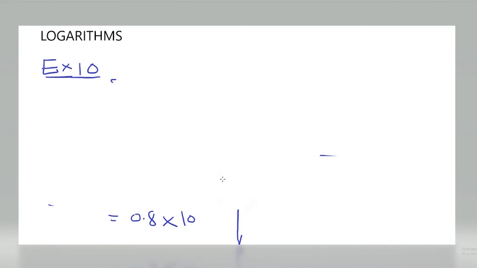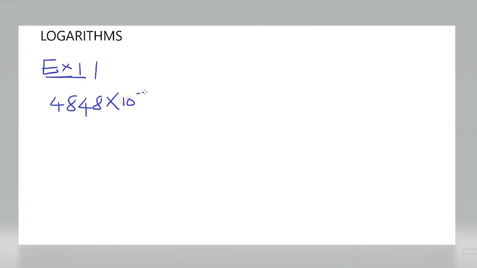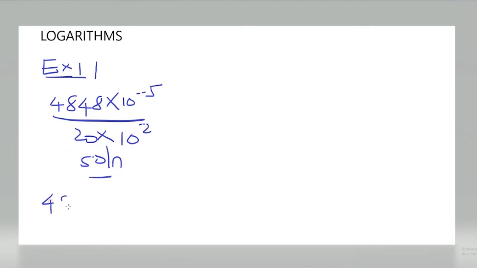Now the final example, example number 11, in this part of our notation. Assume you have this question: 48 times 10 power 5 over 20 times 10 squared.